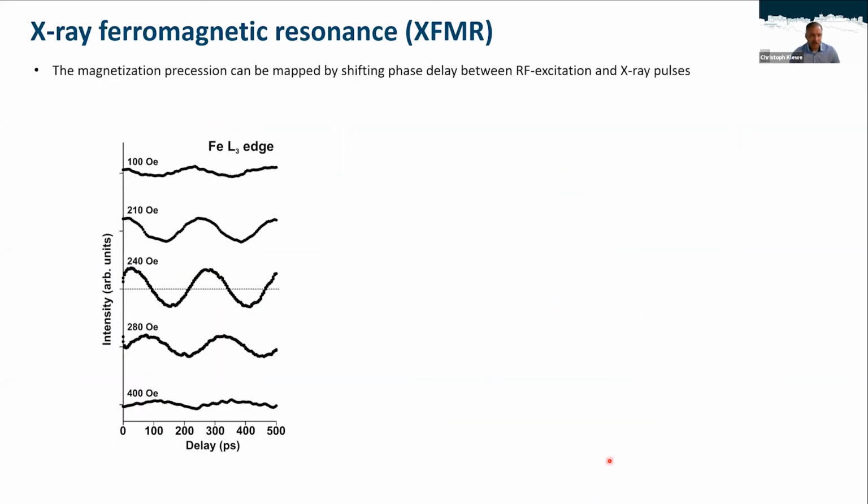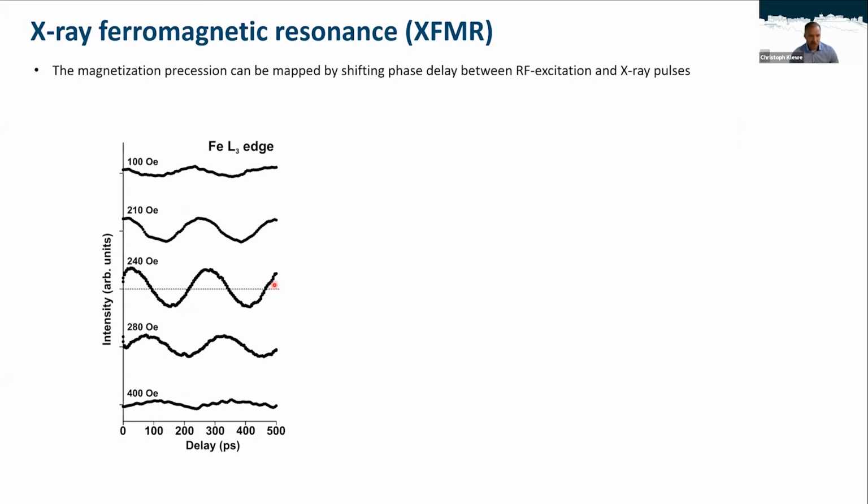The way we can then measure this is basically we can map the entire spin precession by shifting the phase delay between the RF excitation and the X-ray pulses. That is, for example, shown here in these phase delay scans.